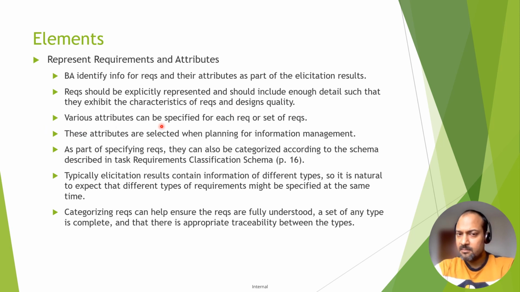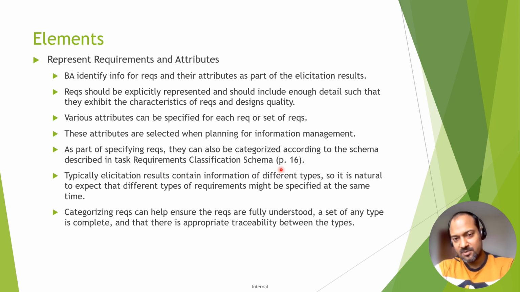Various attributes can be specified for each requirement or set of requirements. These attributes are selected when planning for information management. As part of specifying requirements, they can also be categorized according to the schema described in the task requirements classification schema.